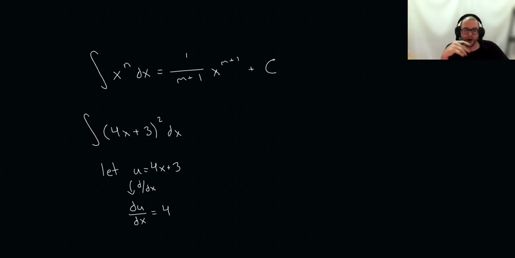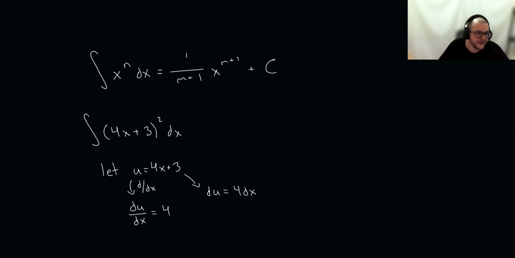Although often you won't see it written like this, you'll see the result given like du is 4 dx, where you do the derivative on both sides normally, and then add this du and the dx.